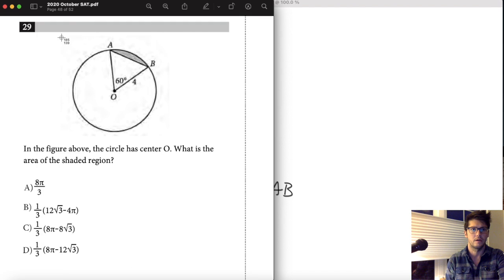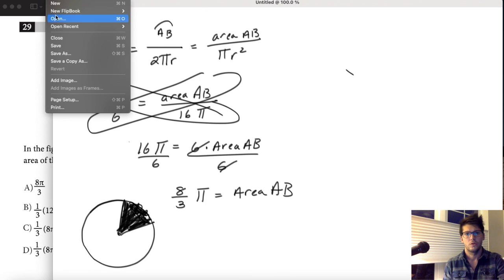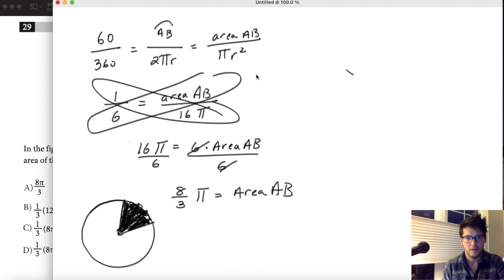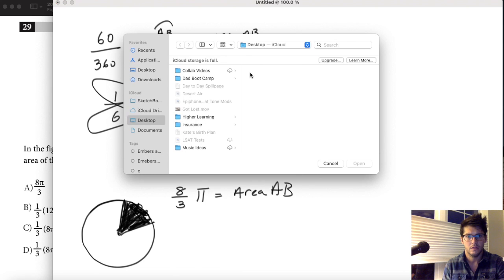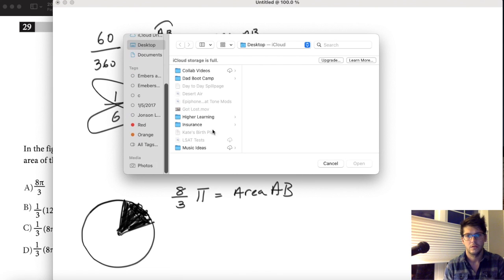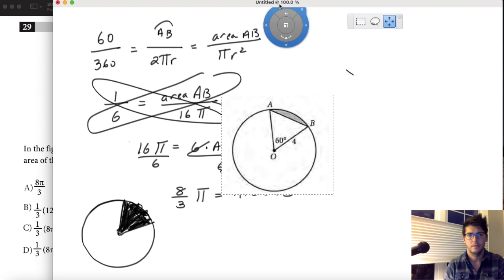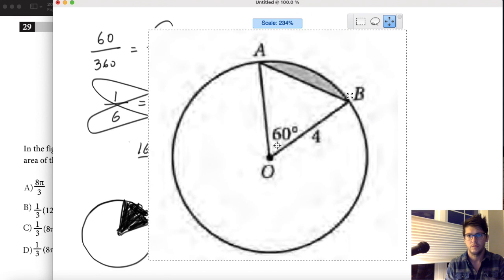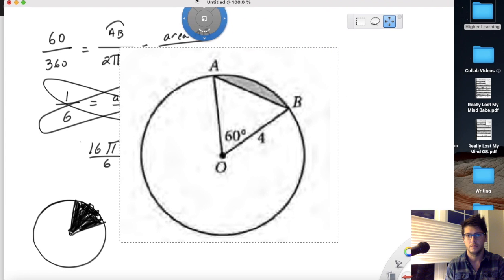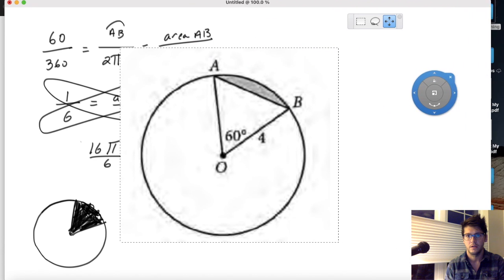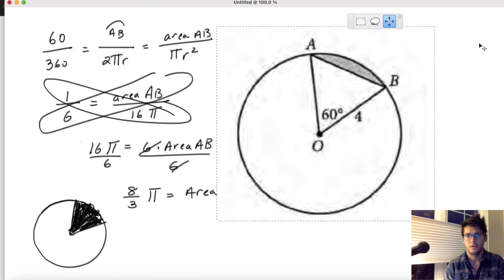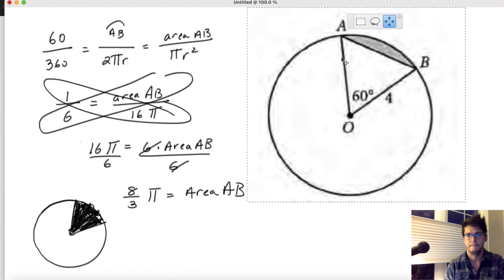Sometimes this takes a minute, so bear with me. All right, I'll blow this up, give ourselves some more space, and put this over here.